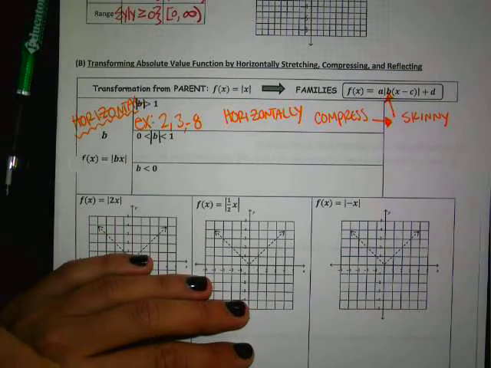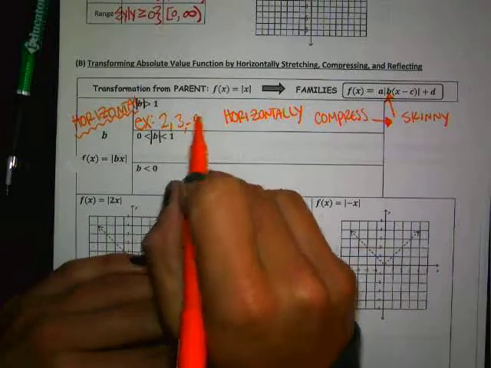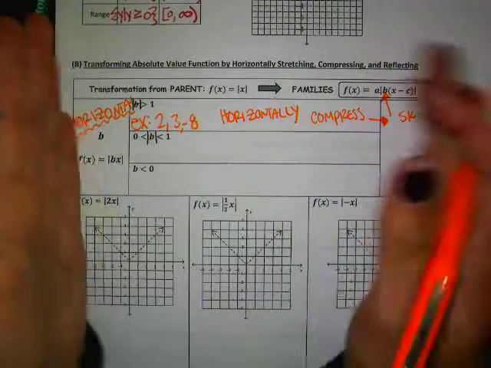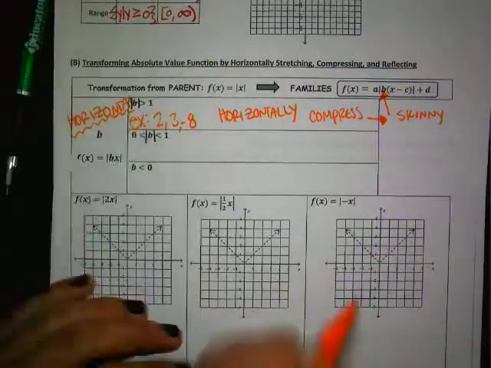So the number's bigger than 1, your graph is getting skinnier. You're either horizontally compressing it or you're vertically stretching it. It's going to do the same thing to the graph.